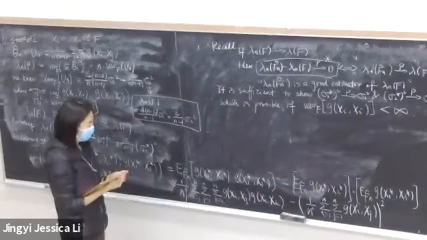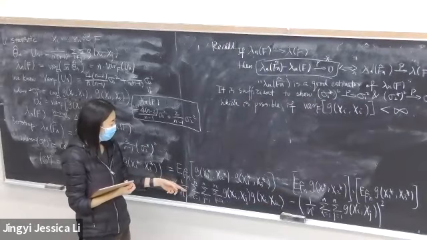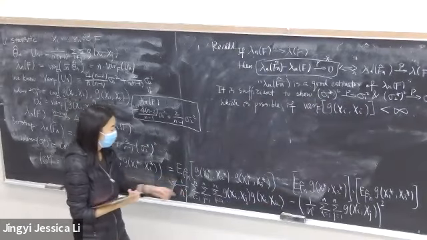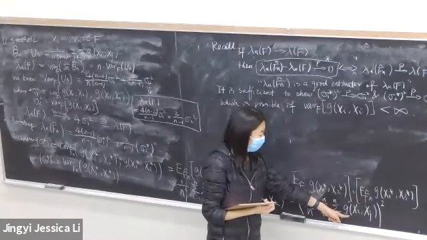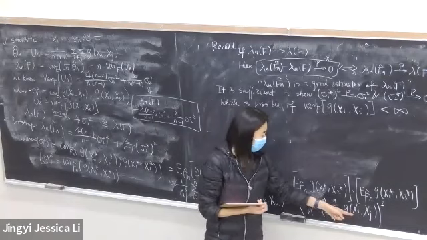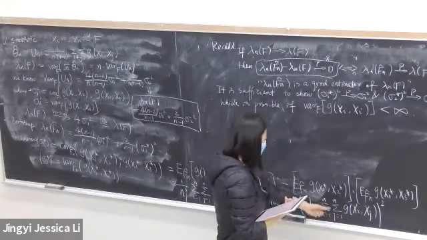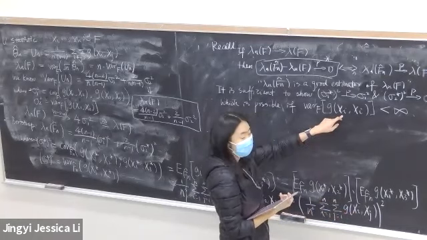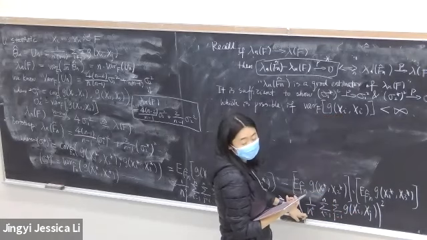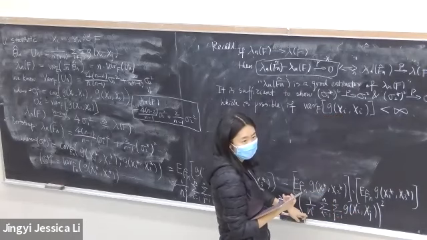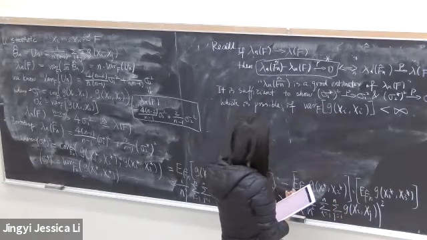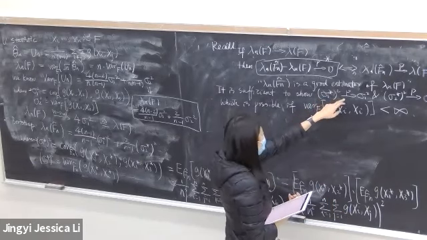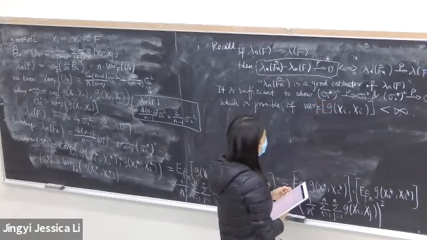The reason is, how many cases will we have repeats? We only have n possible repeats, right? So x1, x1, x2, x2, and xn, xn. So compared to the rest, if this term is finite, it will go down to 0. So it will not matter to us. But if this is not finite, then we cannot show sigma 1 star squared converges to sigma 1 squared.